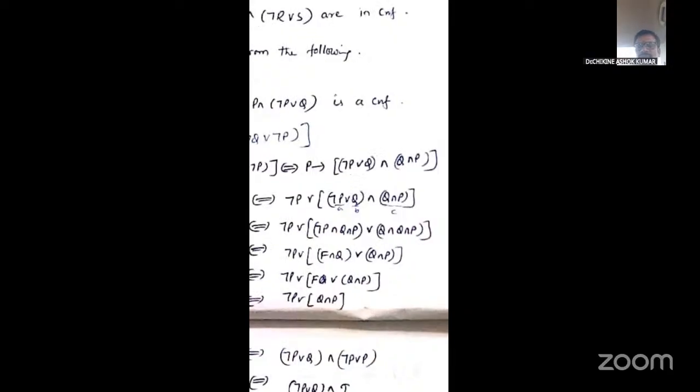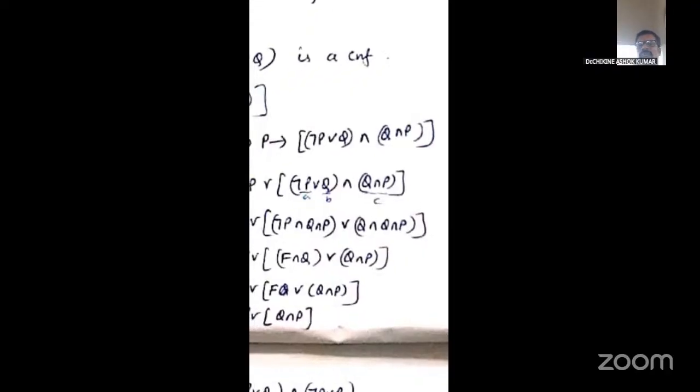Intersection Q, union. Similarly, here also we have three propositions, Q intersection Q intersection P. So Q is repeated twice. A intersection A means it is A itself. So Q intersection Q means it is Q itself, intersection P. So it will become Q intersection P. Next step: negation P union F intersection Q, because negation P intersection P, we got F, that is false.